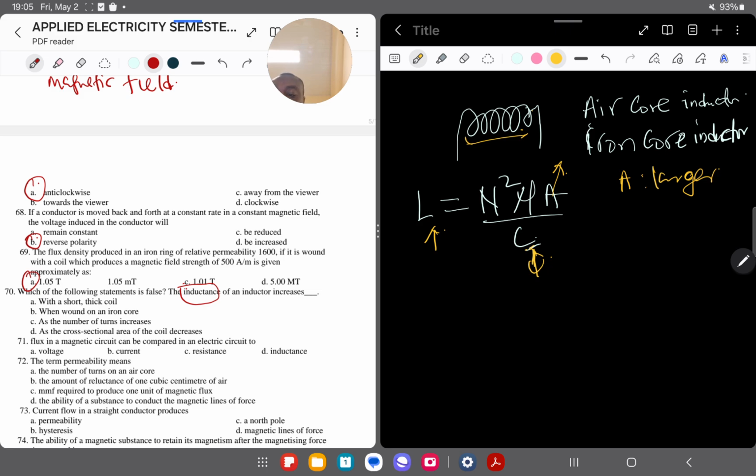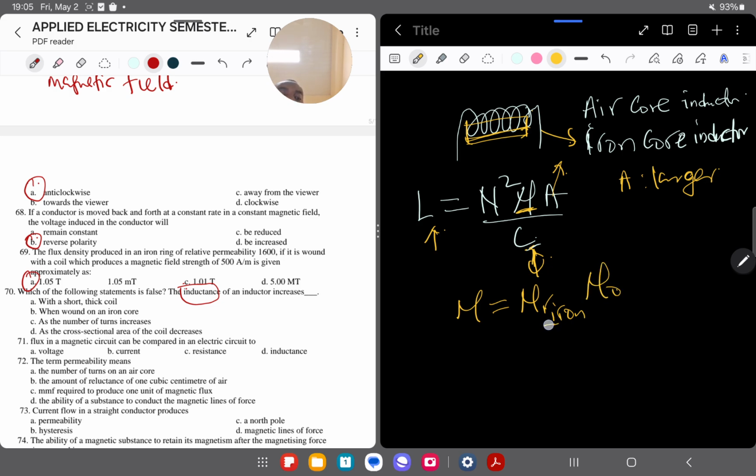Now let's go to B. When wound on an iron core. If you have a coil and you decide to insert an iron core inside it, that's what we refer to as an iron core. Looking at the formula, absolute permeability is the relative permeability of iron times the permeability of free space.